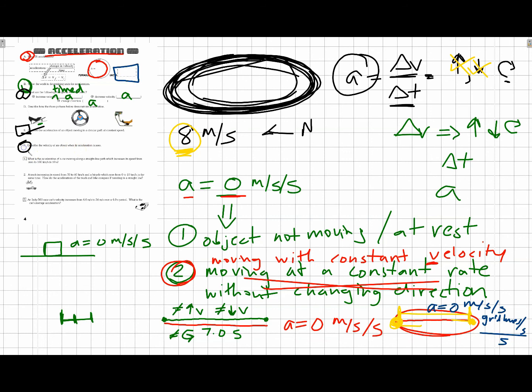Letter F. Describe the velocity of an object when its acceleration is 0. When an object has an acceleration of 0, it could be at rest, or it could be moving with a constant velocity, meaning I'm not going faster, I'm not going slower, nor am I changing direction. So with an acceleration of 0, you can have motion.